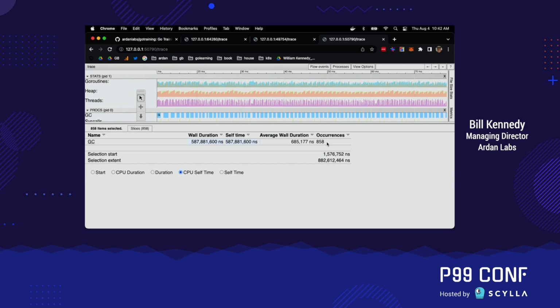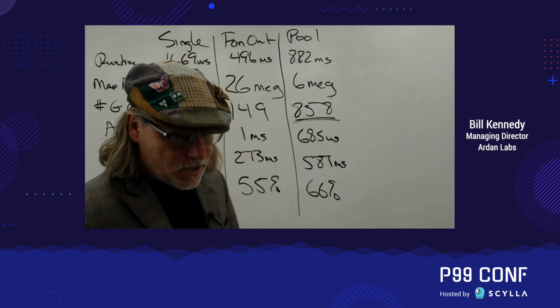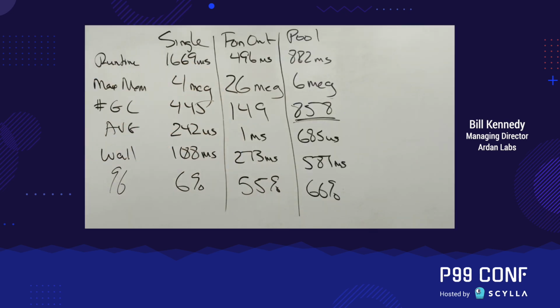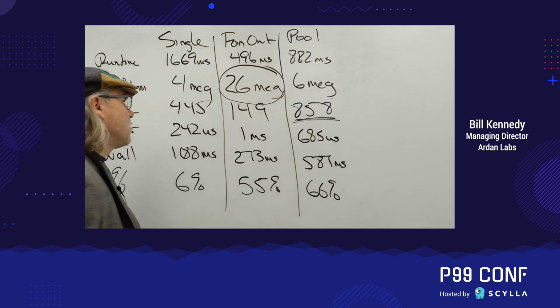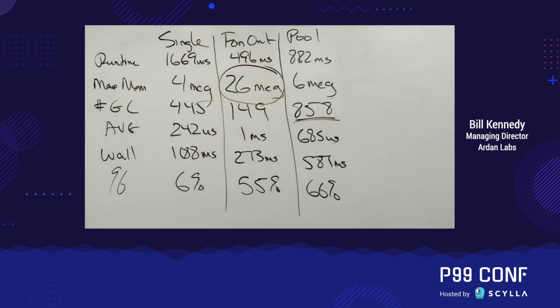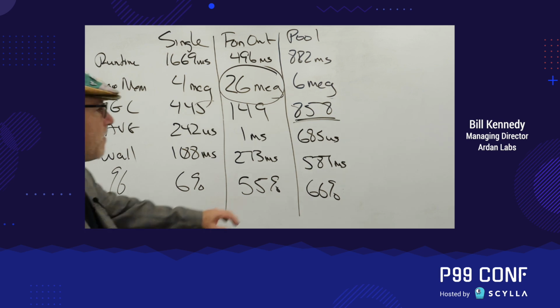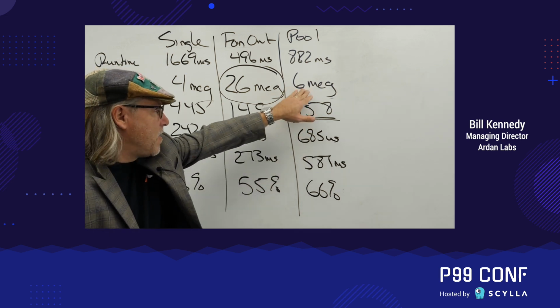The garbage collector is working incredibly hard here, trying to keep this really small heap size that it's capable of doing because of the added efficiency that we added to the Go program. Now, let's go back and look at this for a second. Our program ran at just under a half a second when we used this sort of 26 meg heap. We have a very efficient Go program now using a very small heap.